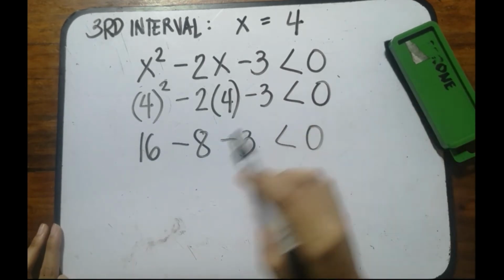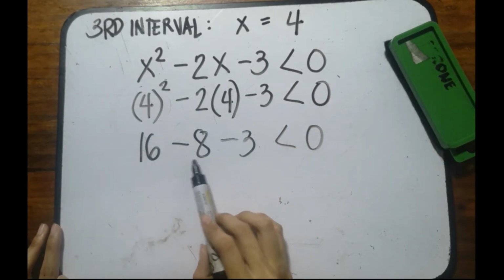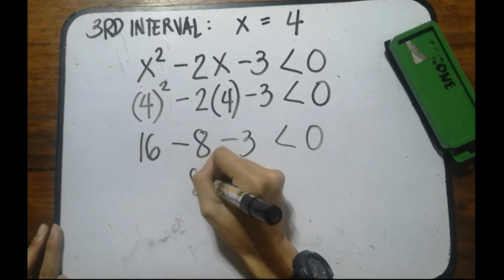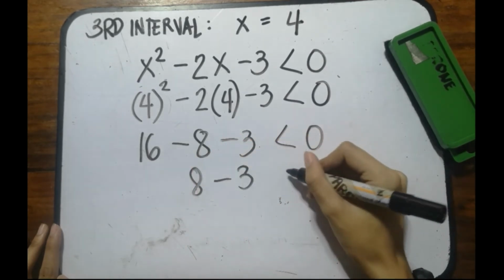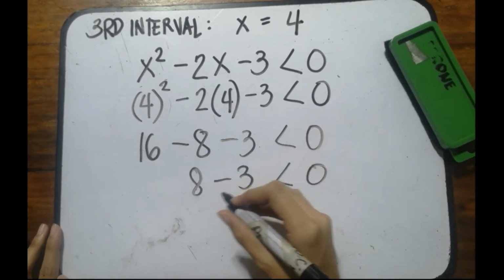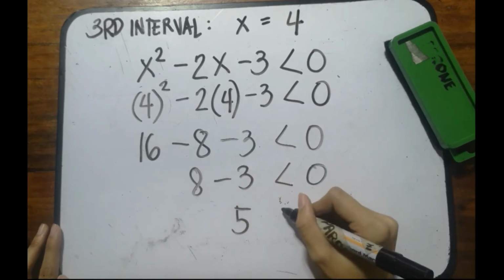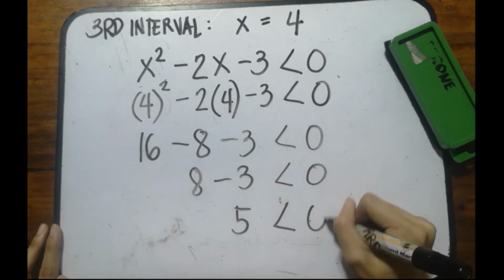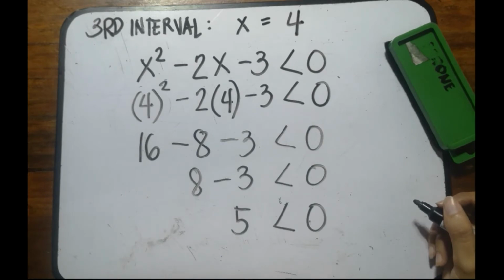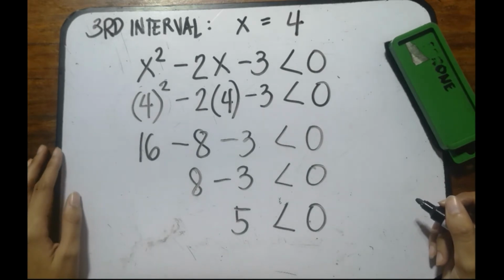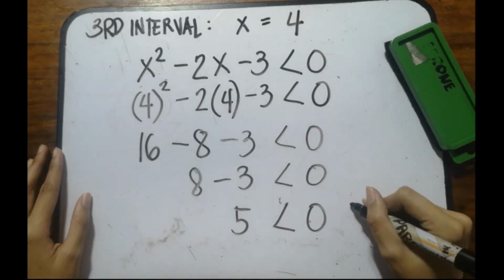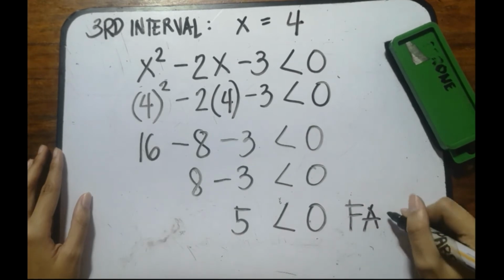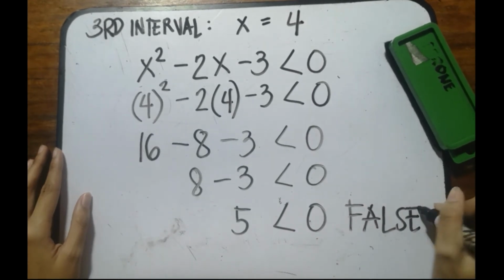Simplify. 16 minus 8 is 8, minus 3 less than 0. 8 minus 3 gives us 5 less than 0. It does not satisfy the given inequality. That means it is false.